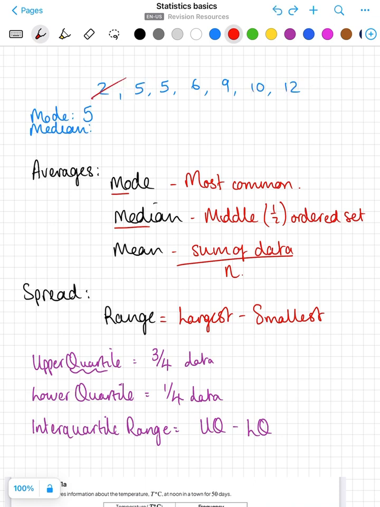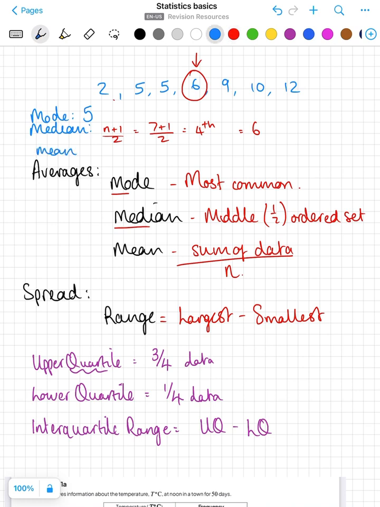However, what I like to use is the n+1 rule. So we have got 1, 2, 3, 4, 5, 6, 7. So I go 7 plus 1 divided by 2. So that's 8 divided by 2. I'm looking for my fourth piece of data. 1, 2, 3, 4. That is 6. So 6 is my median.